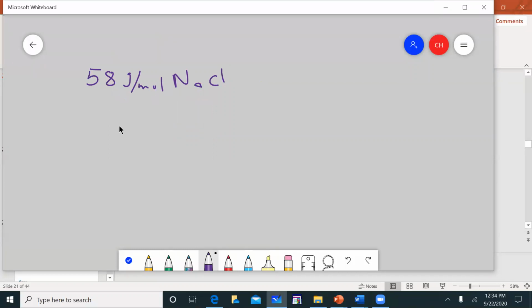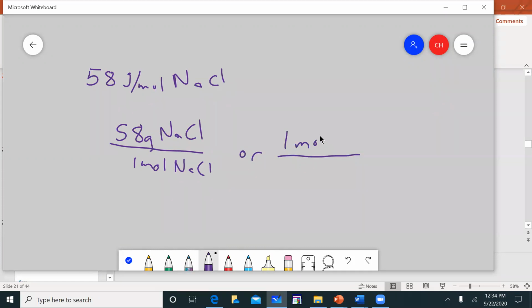Another way to write that is to say that I have 58 grams of NaCl for every 1 mole of NaCl, or we could flip that and say 1 mole of NaCl for every 58 grams of NaCl. The 1 will always stick with the mole.